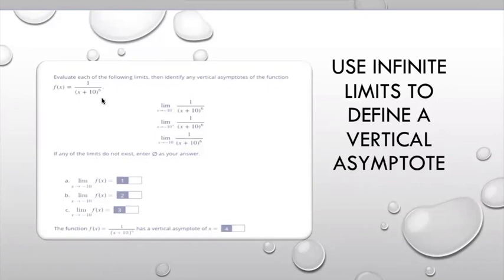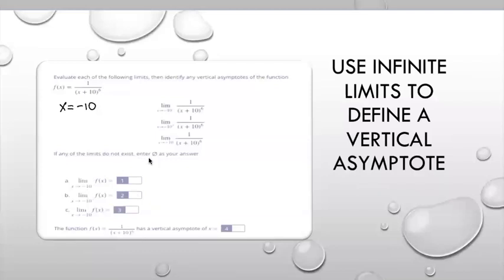So this is telling us that we are checking if x equals minus 10 is a vertical asymptote. Again, why do I know it's minus 10? Because if x is minus 10, x plus 10 is a 0, and it's a 0 in the denominator, right? We cannot have zeros in the denominator.